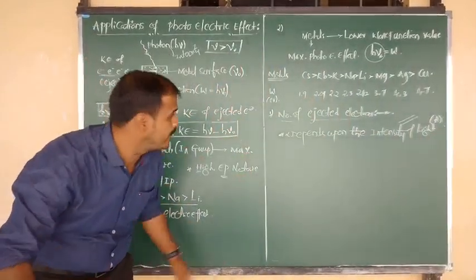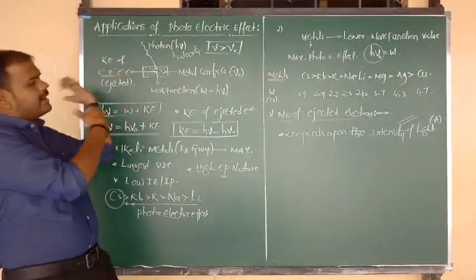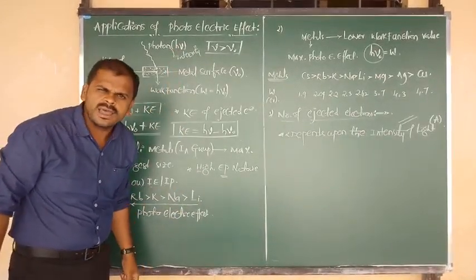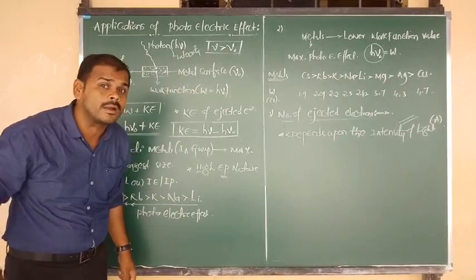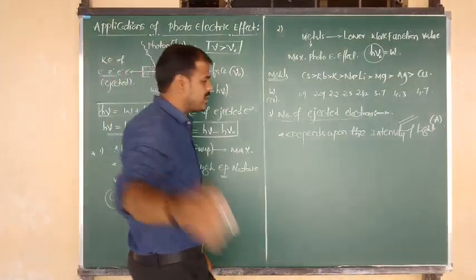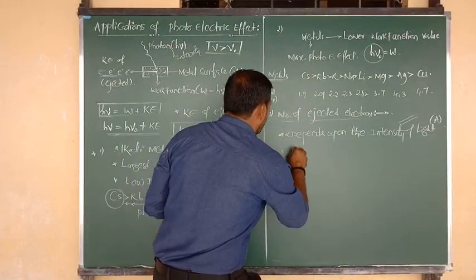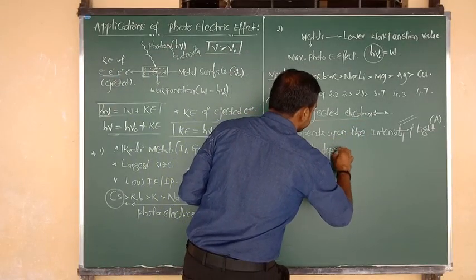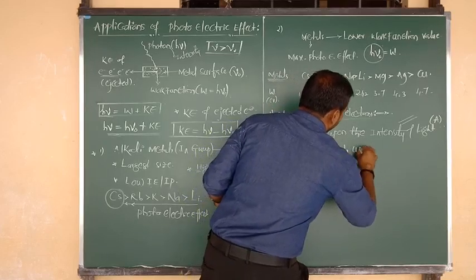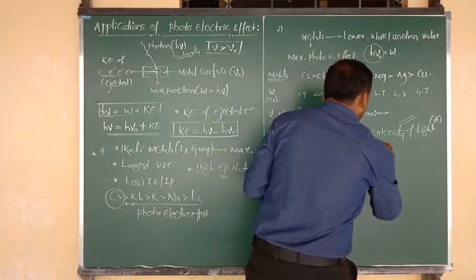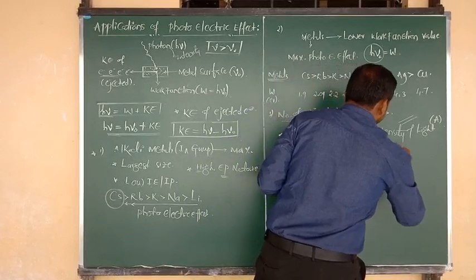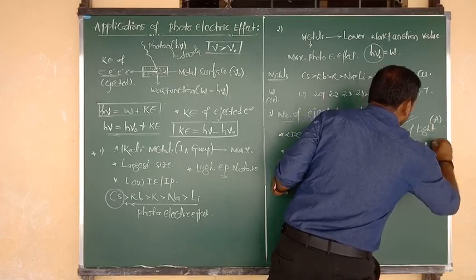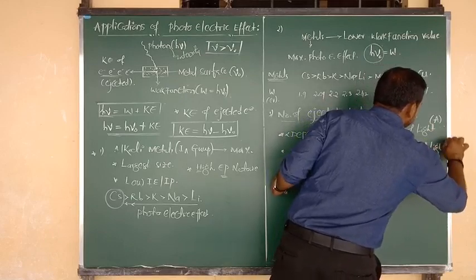But listen carefully, the number of ejected electrons does not depend upon nu, that is, frequency. So we have to say that the number of ejected electrons does not depend upon the frequency of the incident light.